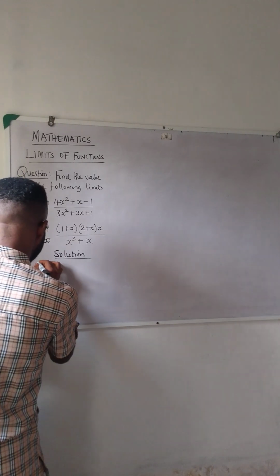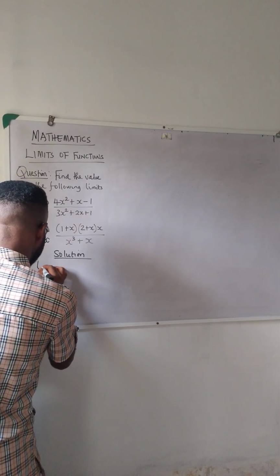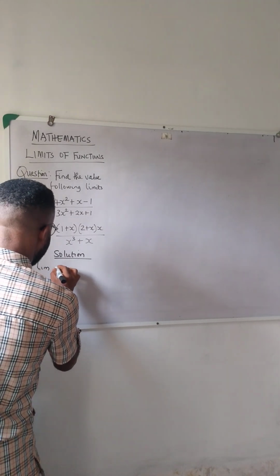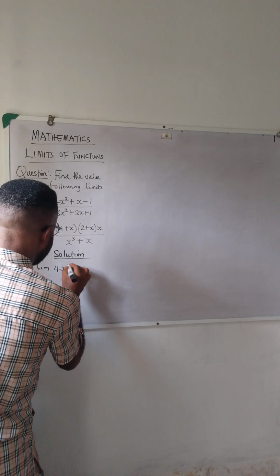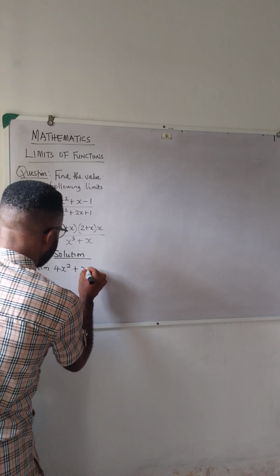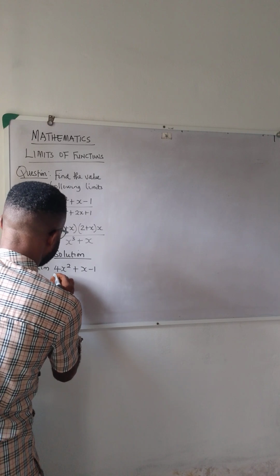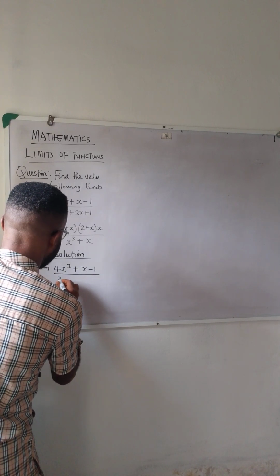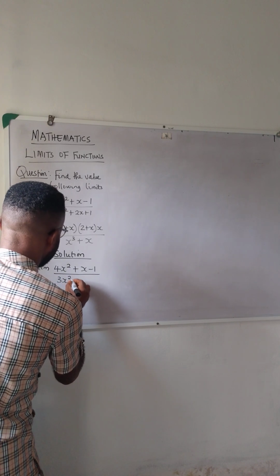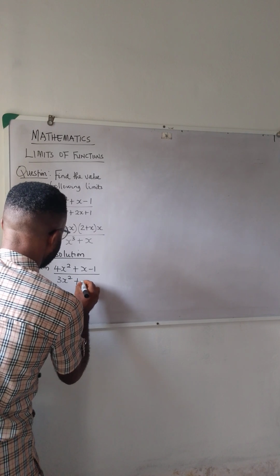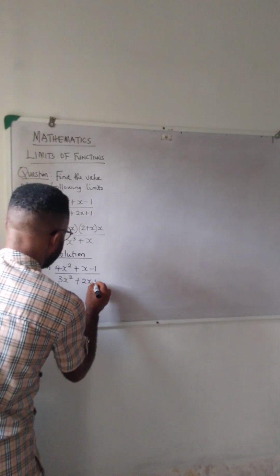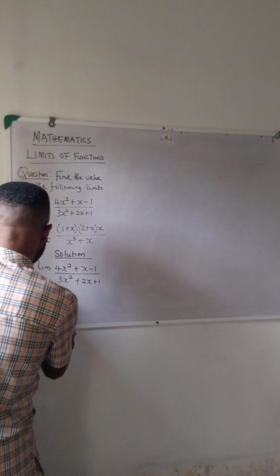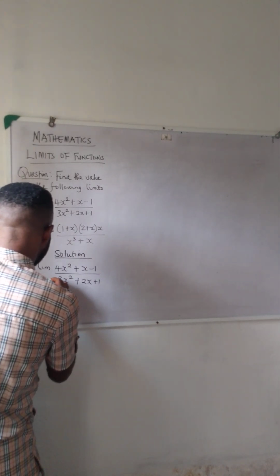So we have the limit of 4x squared plus x minus 1 divided by 3x squared plus 2x plus 1 as x tends to infinity.